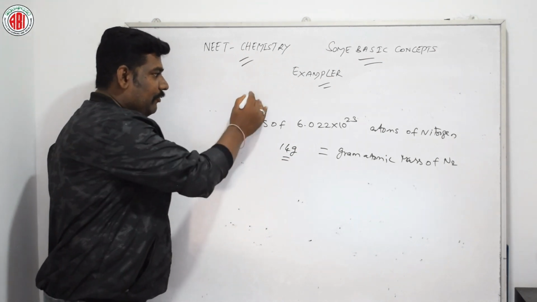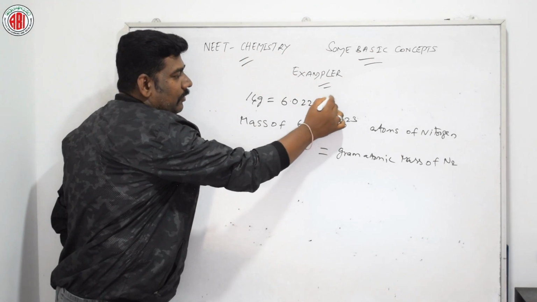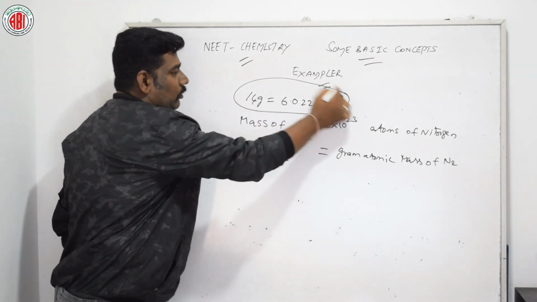That means 14 gram is always equal to 6.022 into 10 to the power of 23 atoms. So this we should know.